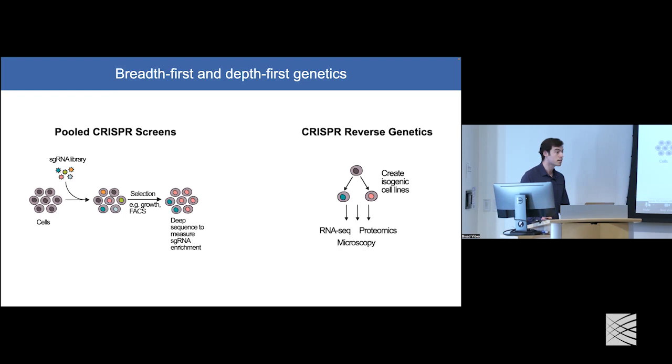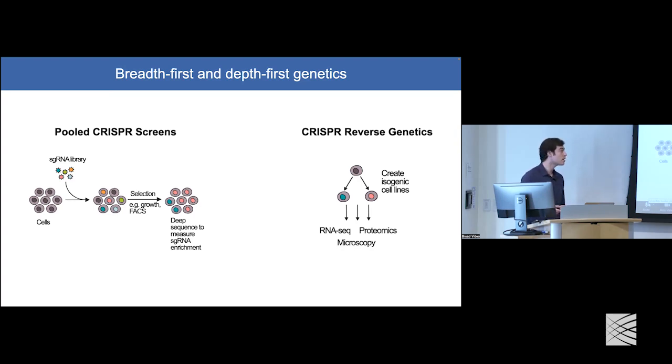And this usually leads to a situation where every cell gets one sgRNA, and then that sgRNA directs Cas9 to conduct some effector activity, which could be, for example, cutting a specific spot of the genome or recruiting transcriptional repressors or activators to a specific spot in the genome.